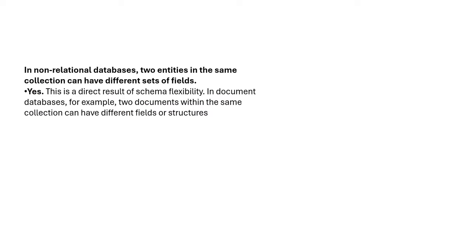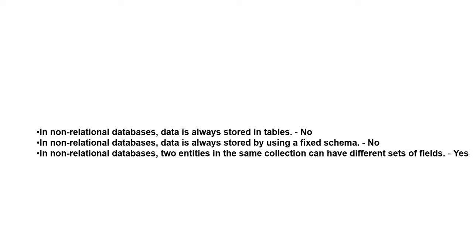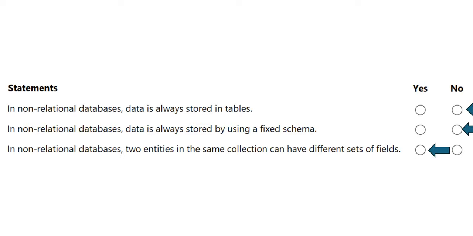Oh yes, and that is the concept of dynamic schemas, because dynamic schemas do allow this scenario to happen. So we have schema flexibility due to which two docs with the same collection can have different fields or data structures. So these are our answers.